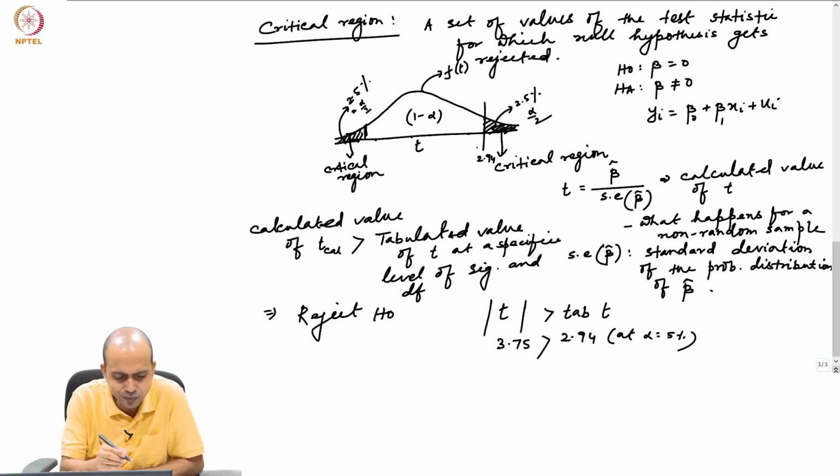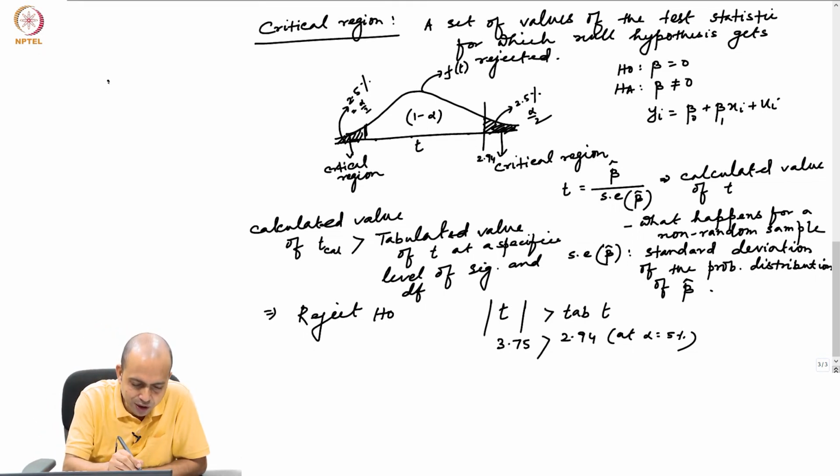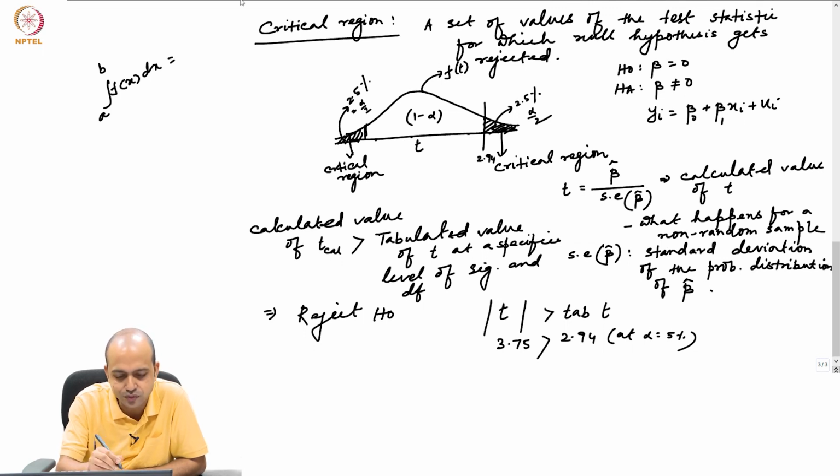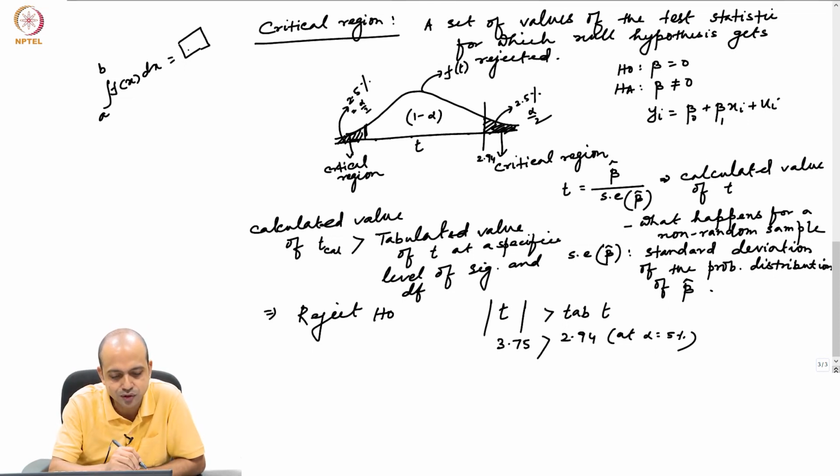If you recall, in our definite integral, generally we used to get two limits and then the function f(x) dx, and we used to get a specific value. If you know f(x), if you know a and b, you will get a value.